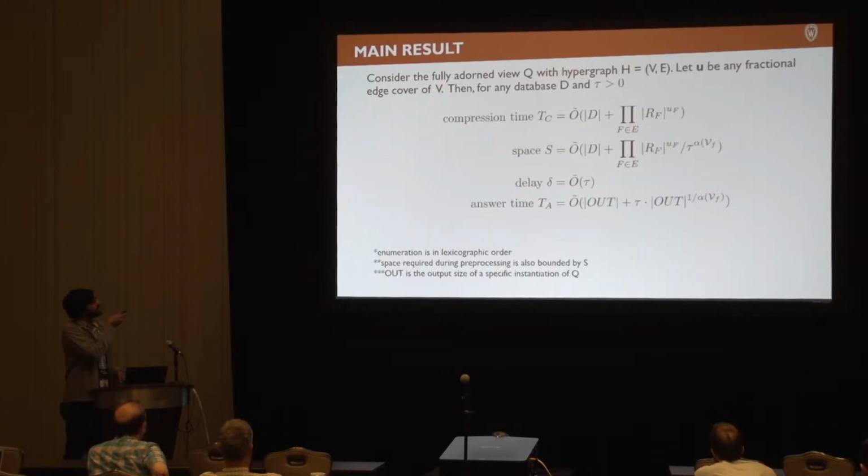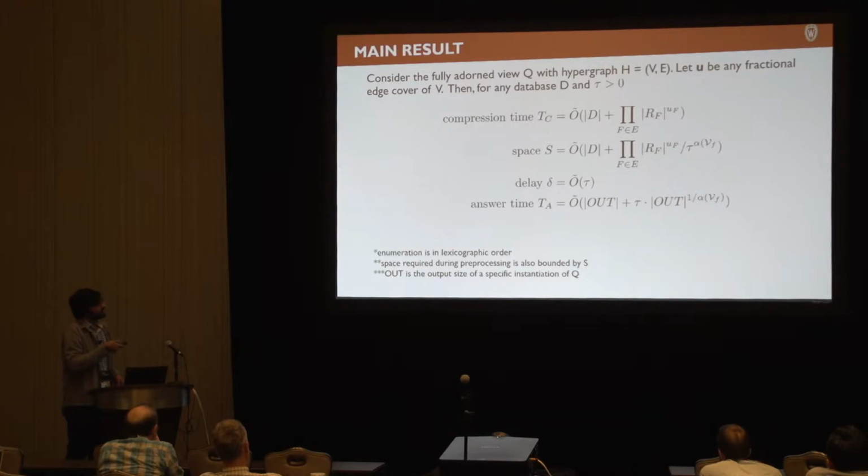So here is our main result. Given a fully adorned view Q and a fractional edge cover U, the user can pick any value of tau, and then we get the following trade-offs. So the compression time is the AGM bound. The space requirement of a data structure is AGM bound divided by tau to the alpha.